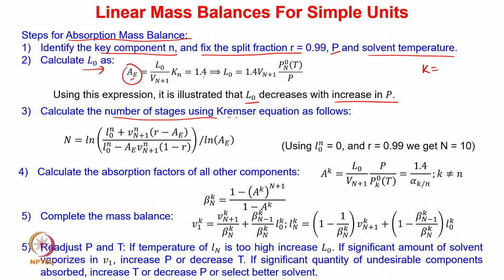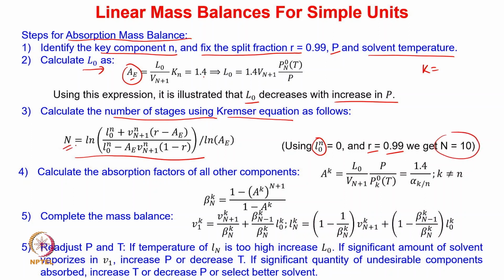Remember the Kremser equation which we have derived earlier. The same Kremser equation we can use to calculate the number of stages. This equation gets simplified if you have a pure solvent. In that case, L naught for a key component is 0, and if you are using R equals 0.99, the typical value of N is around 10.